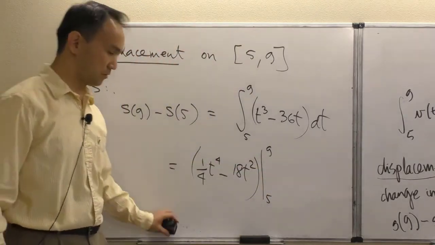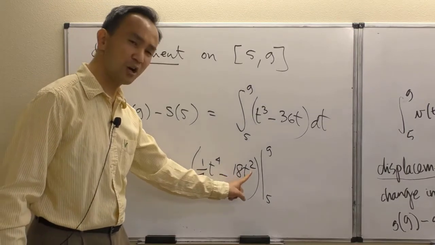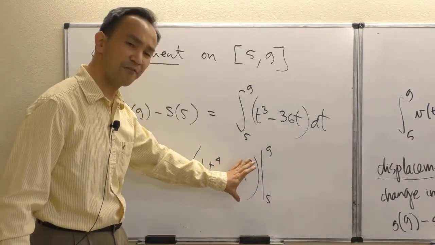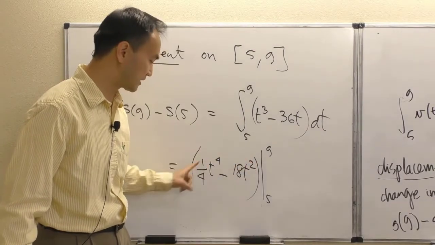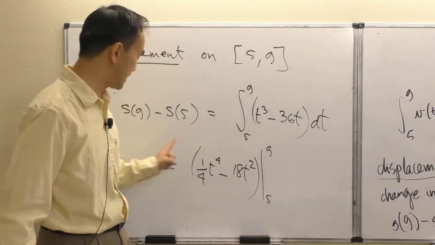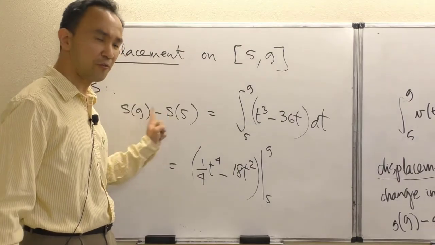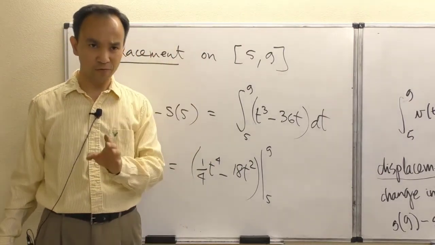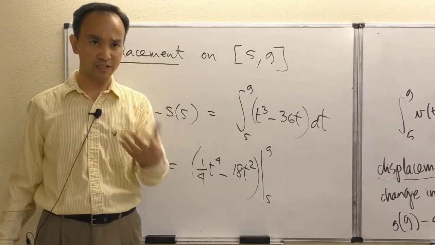We're skipping the constants here, but if we had found a constant, then this antiderivative is the position function.